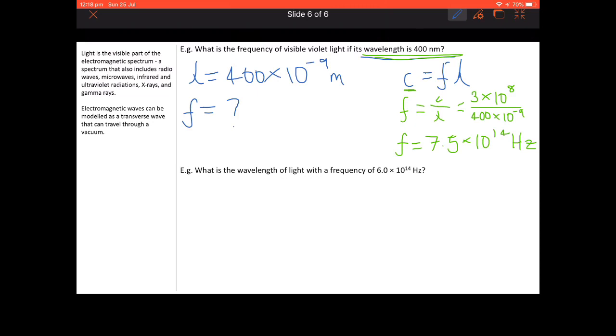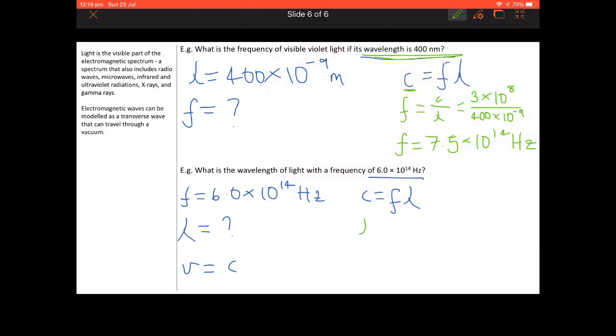Next question, what is the wavelength of light with a frequency of 6 by 10 to the 14 hertz? In this situation, we're given the frequency, which is 6.0 by 10 to the 14 hertz. We want to know what the wavelength is, and we know that the speed is equal to c. So our wave formula is c equals frequency by wavelength.